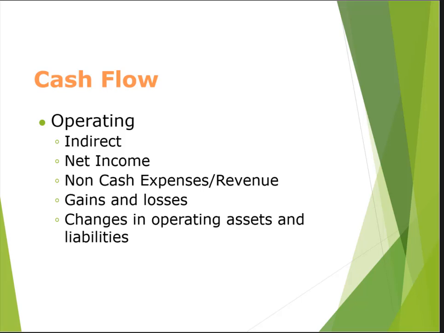The first one is we take out any non-cash expenses or revenue. So if you had a non-cash revenue, you would subtract it. If you have a non-cash expense, you would add it. The most common of these is depreciation, amortization, those types of expenses. But there are other non-cash ones. There is stock compensation, where we provide employees with stock instead of cash.